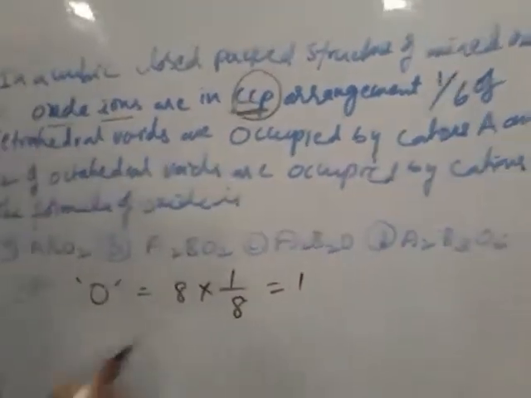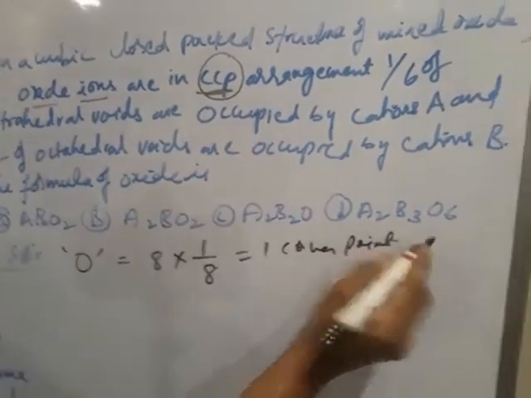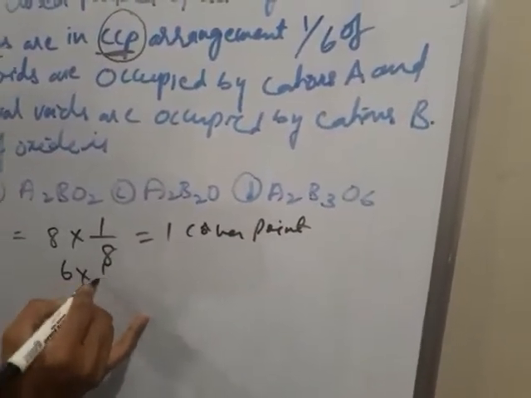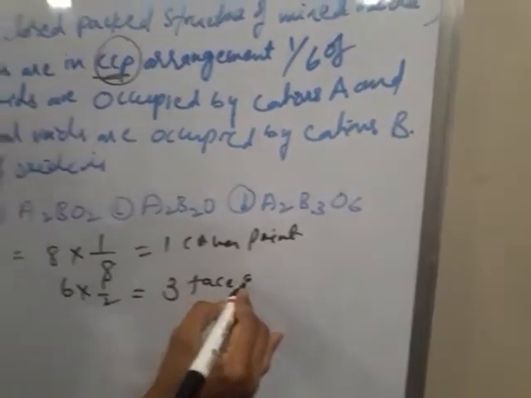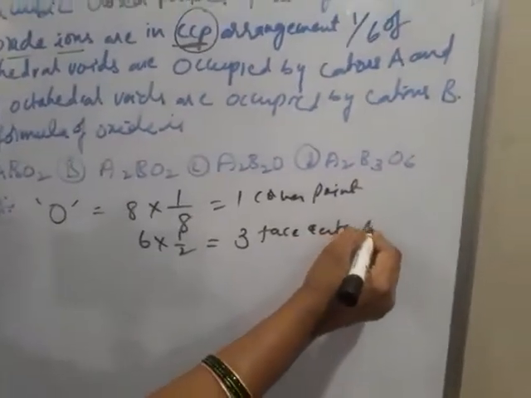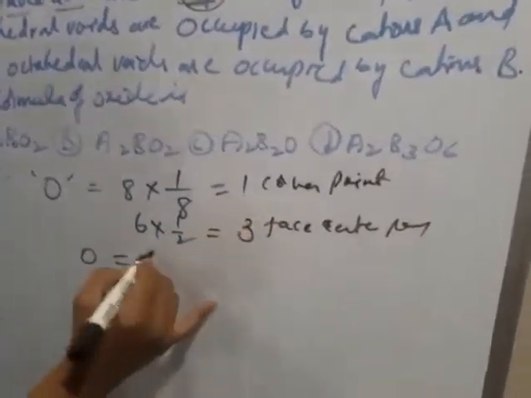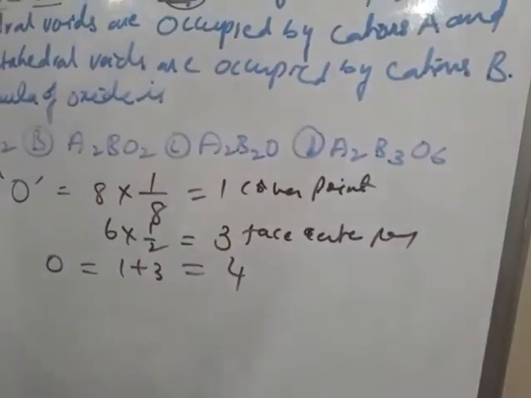That is 1 corner point. And face centered points 6, so 6 into half, that is 3 face centered points. So oxygen atoms are 1 plus 3, so 4. Oxygens are 4.